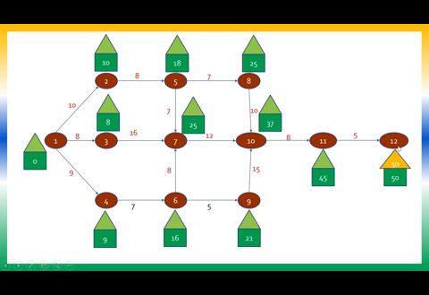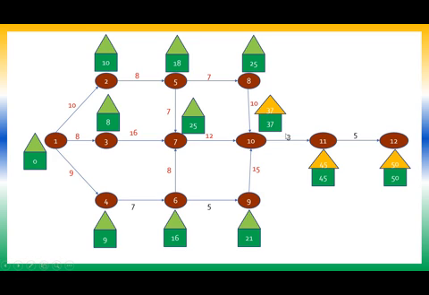So I have copied 50 onto the triangle. Now we have to keep subtracting one by one. For this node, I will get 50 minus 5, 45 backwardly. Next, 45 minus 8 will be 37.